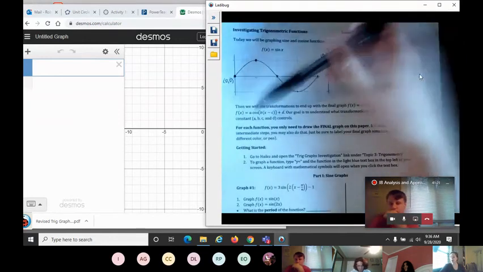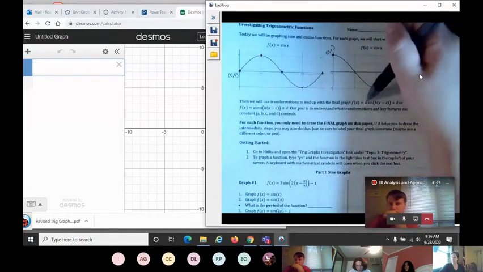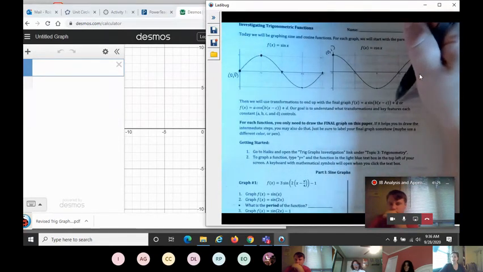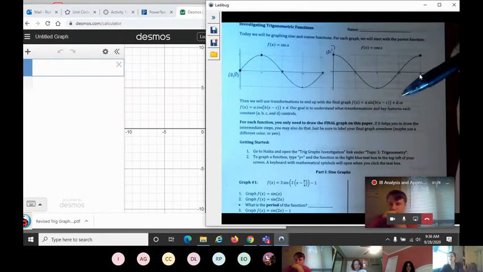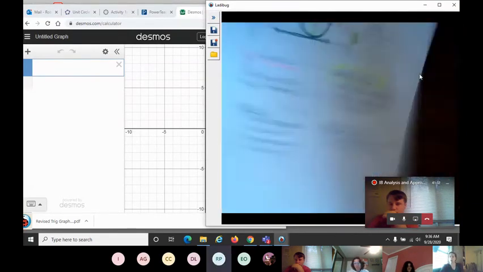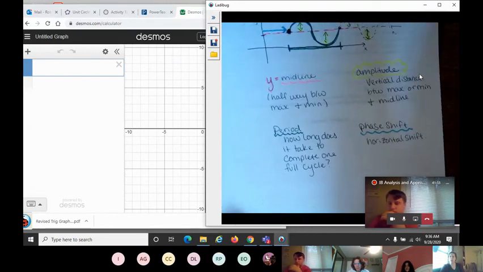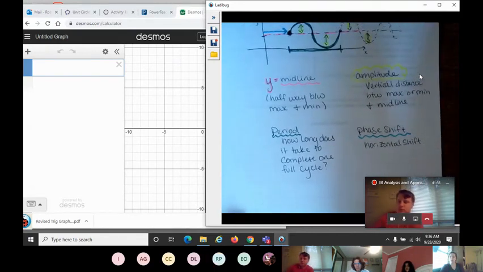So we have 4 different constants in here: A, B, C, and D. Each of those is in the sine and the cosine functions, and they correspond to these vocabulary words over here. So this investigation is going to help us figure out which one does which thing. Does somebody have a question?